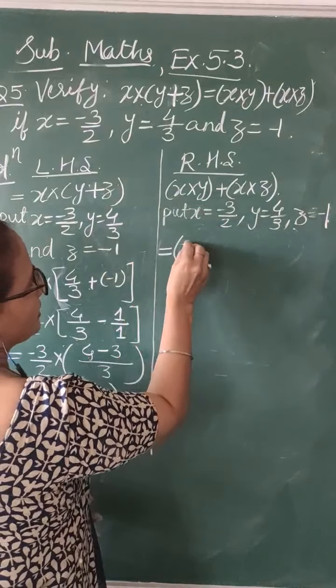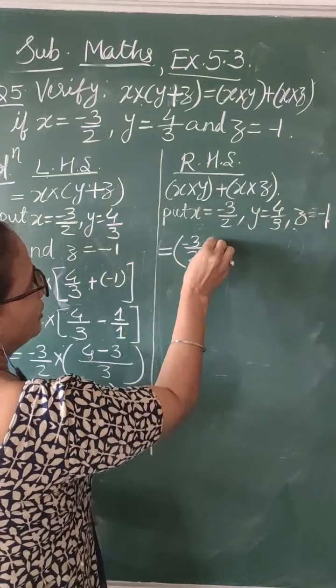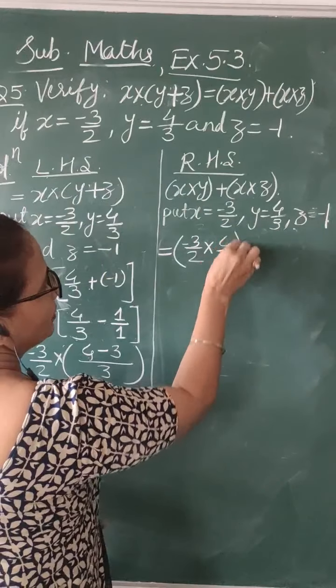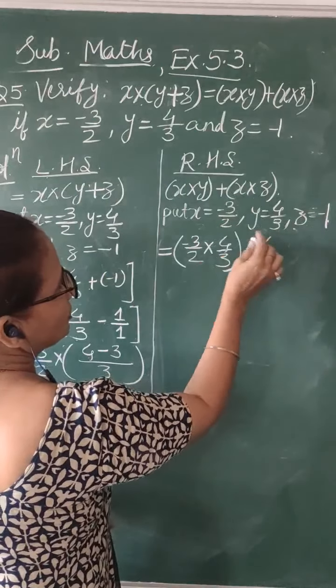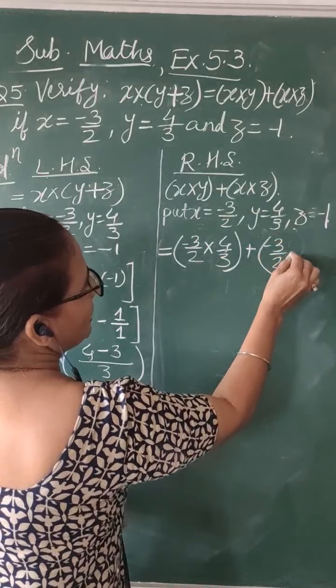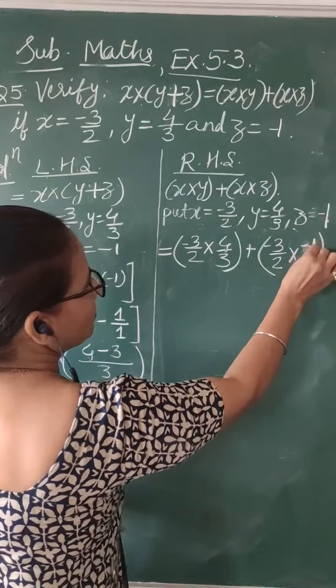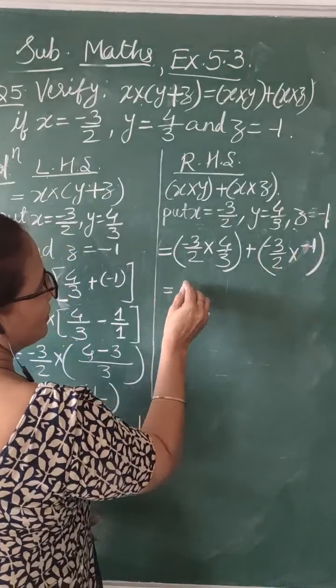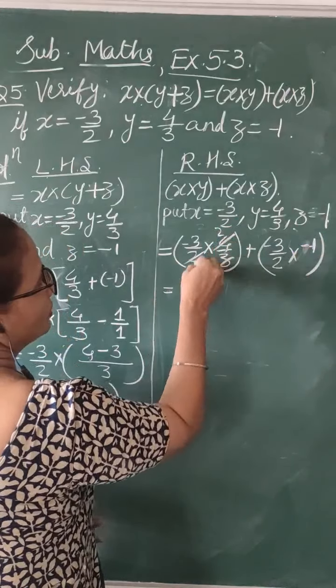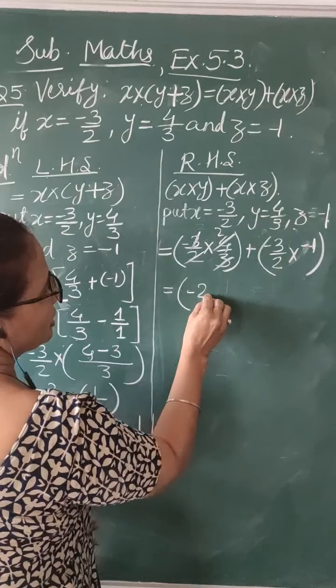Bracket x is what? Minus 3 by 2 into y is 4 by 3 plus what? Minus 3 by 2. And your z is what? Minus 1. You know, first you have to simplify the bracket terms. Now you see 2 2s are 4, 3 3 get cancelled, and here what is left?